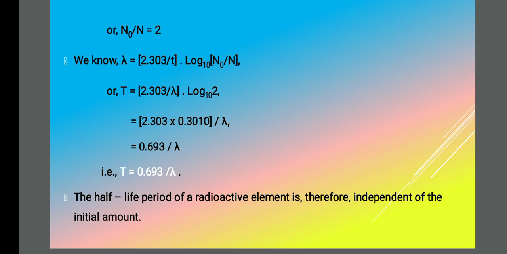So you substitute the value, you get the final format: 2.303 into 0.3010 will be equal to 0.693. If you multiply both the values, you get the answer as 0.693 divided by lambda. So the half-life period is equal to 0.693 divided by lambda, and it's independent of the initial amount. Is it okay?